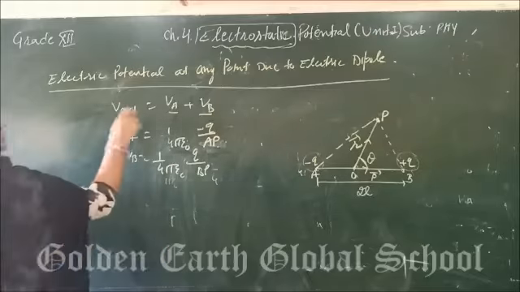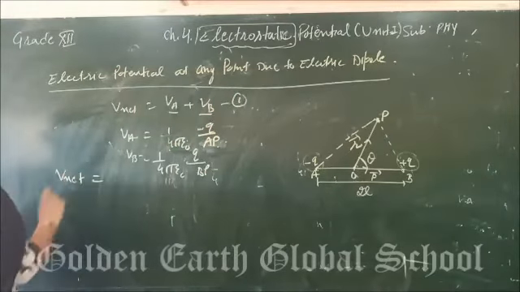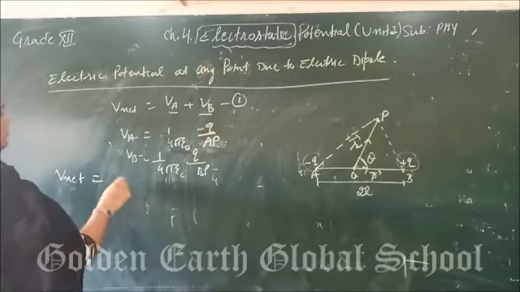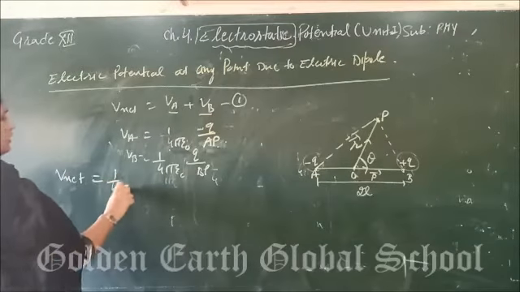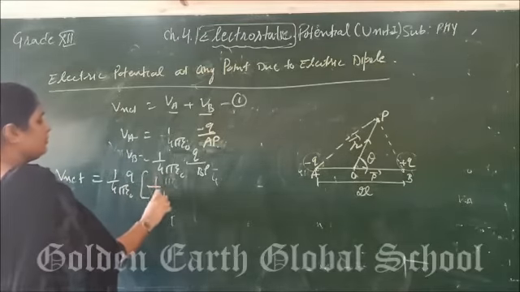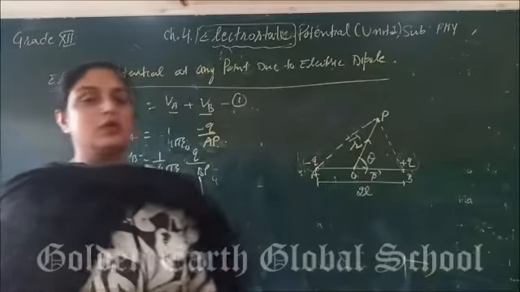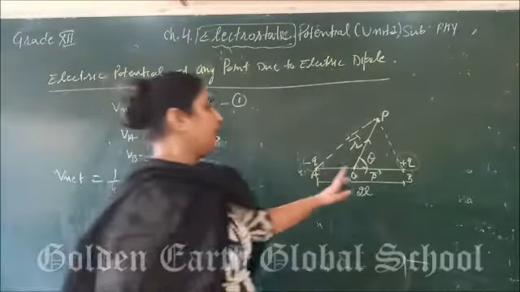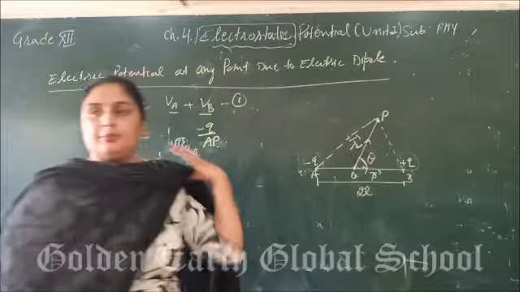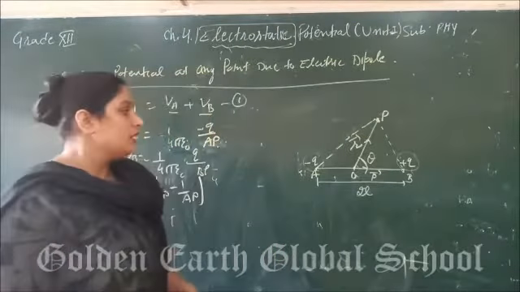Now if we put these values in equation number 1, the net potential will be equal to 1 by 4 pi epsilon naught, and q will be common. From here you will get 1 upon BP minus 1 upon AP. Now BP and AP both are unknown distances. We have to calculate these.